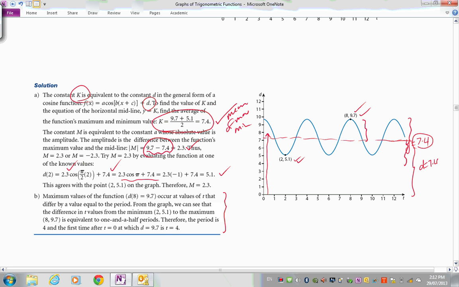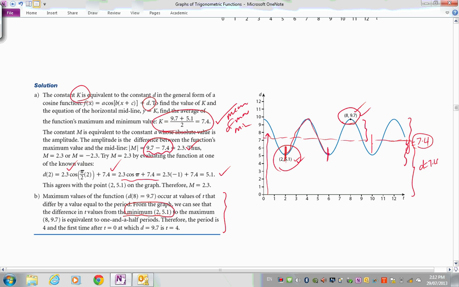So if we say this, 8 and 9.7, and we can see here from the minimum to here, what's the distance between those two points? Well, let's have a look. There's one period's worth, isn't it? Going here to there. So from there to there is one whole period or cycle of the function.